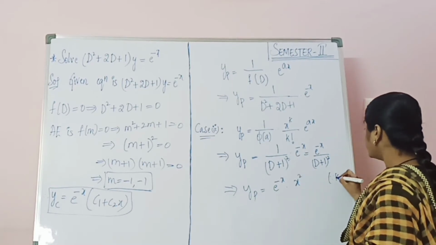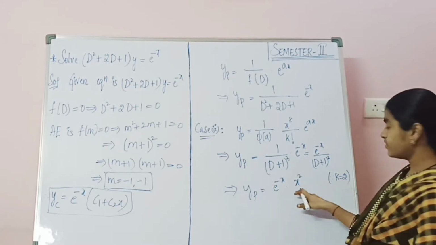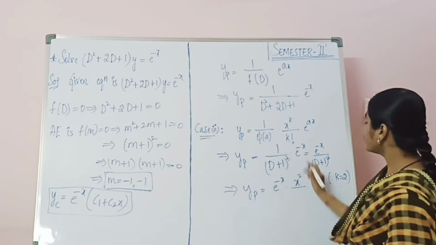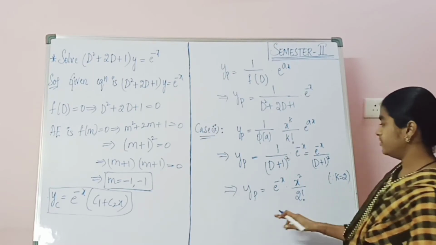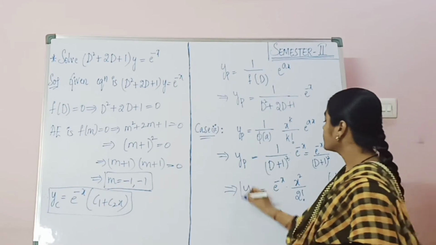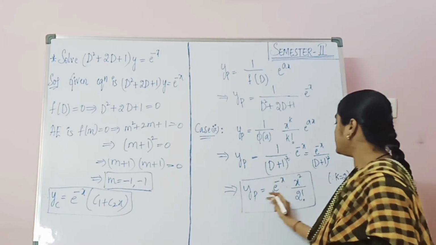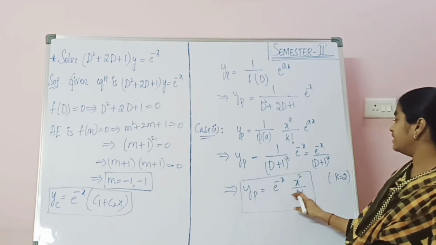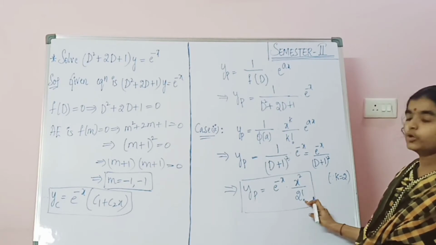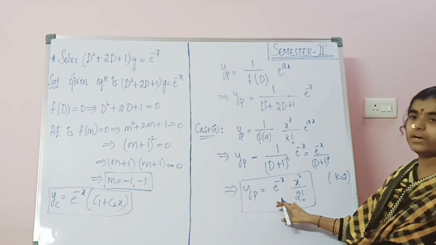Since k equals 2, it is x square by 2 factorial. So the particular integral is e power minus x into x square by 2 factorial.